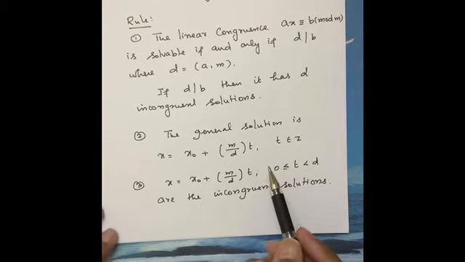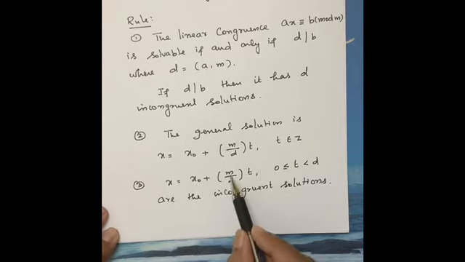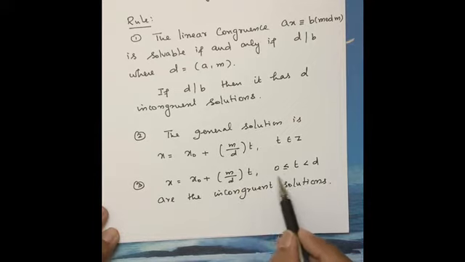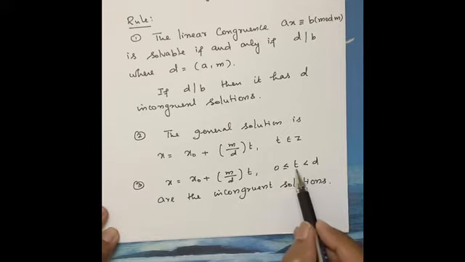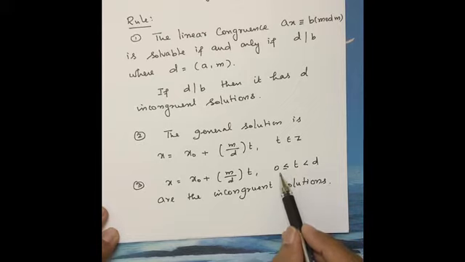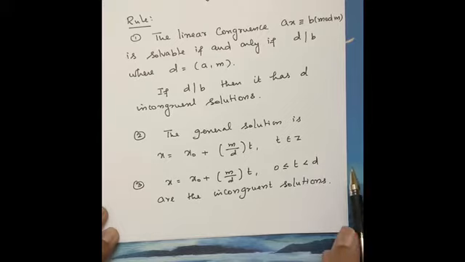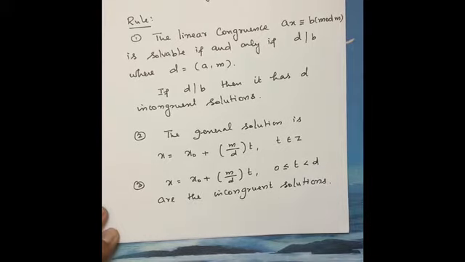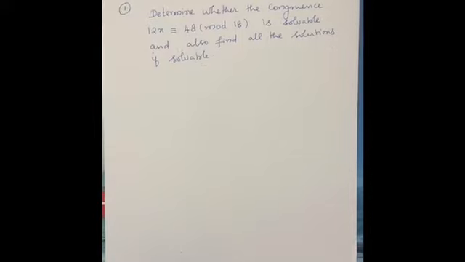The incongruent solutions are the same thing, X equal to X naught plus M by D times T, but with 0 less than or equal to T less than D. So T is an integer between 0 and D, including 0. Now we are solving a problem.